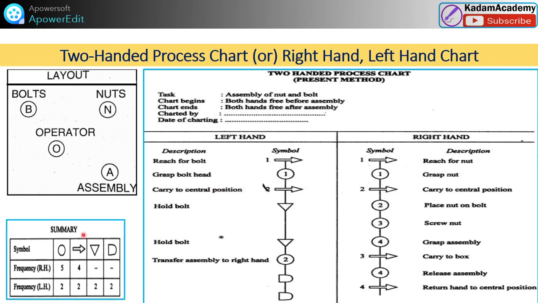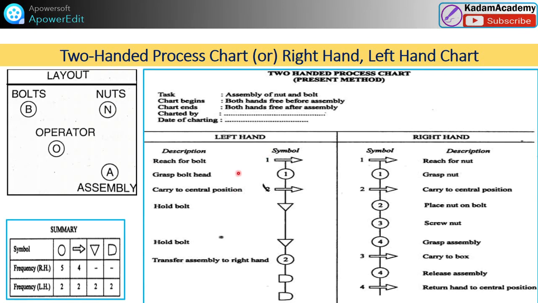The summary I will show you here. See, the symbols for operation, transport, hold and delay. So the frequency of right hand side and the frequency of left hand side is 5 and 2. See, the right hand side will operate 5 times, and the left hand will operate 2 times and will be in delay, meaning it will not operate when the right hand operates.